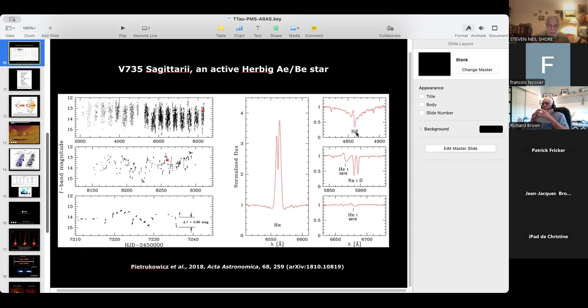And you also see inverse P Cygni profiles and neutral hydrogen and helium and variability on all sorts of timescales. This was an indication also, with very strong infrared excesses, that what you're looking at is material that's accreting onto a central star and also circulating around the star.